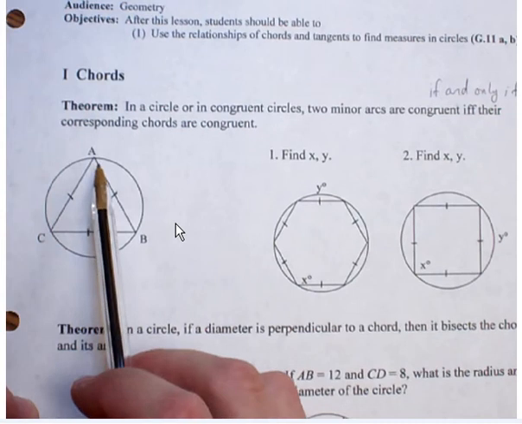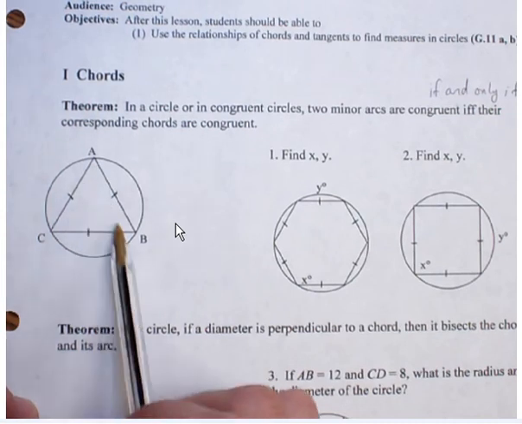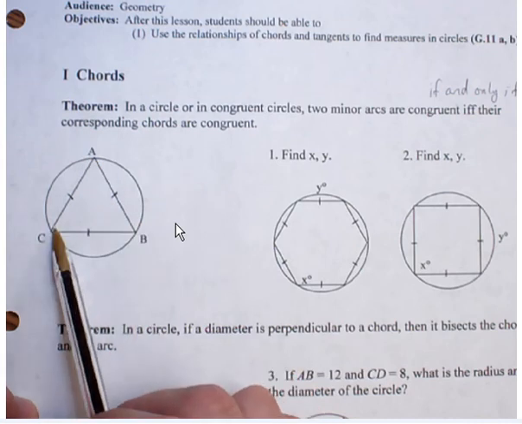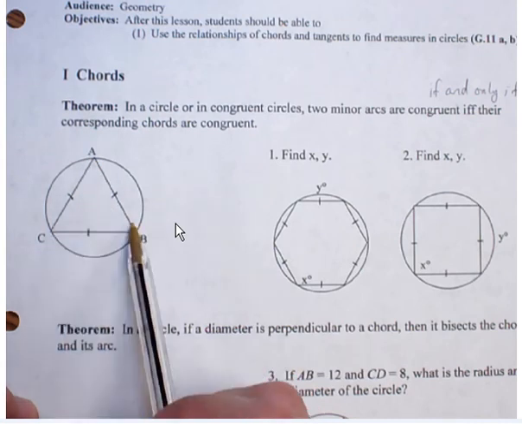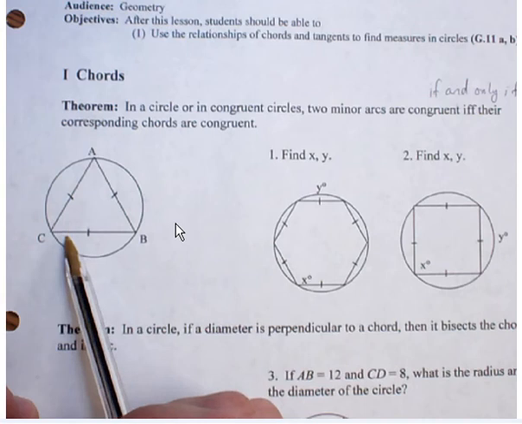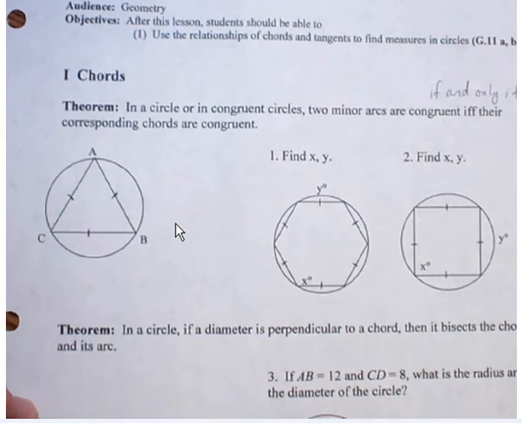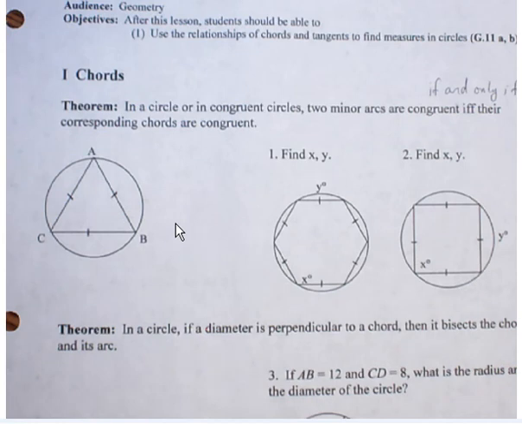So in this picture you have an inscribed triangle, where the points A, B, and C are on the circle, but the sides are inside the circle. Notice all 3 sides are congruent, so that's an equilateral triangle.